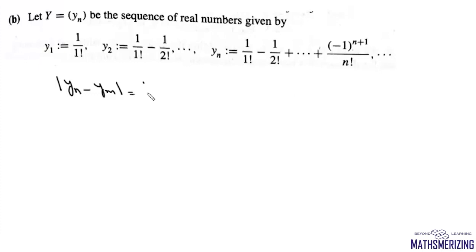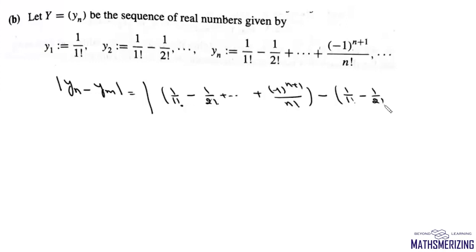It will be this modulus: 1 upon factorial 1 minus 1 upon factorial 2 up to minus 1 to the power n plus 1 upon factorial n, and then minus 1 upon factorial 1 minus 1 upon factorial 2 up to minus 1 to the power m plus 1 upon factorial m.